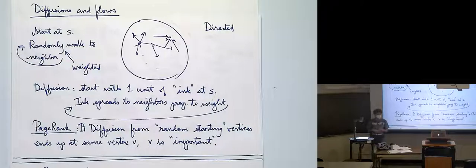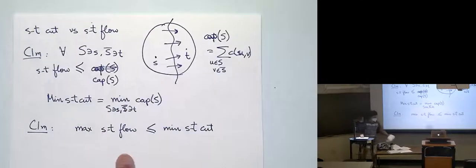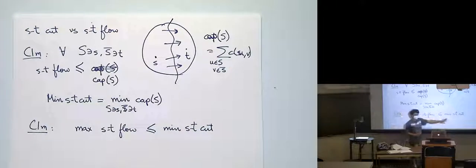And the math does tend to be different, but this principle in general manifests in many ways. That there's this relationship between these. Does this make sense? The max ST flow is at most the min ST cut.